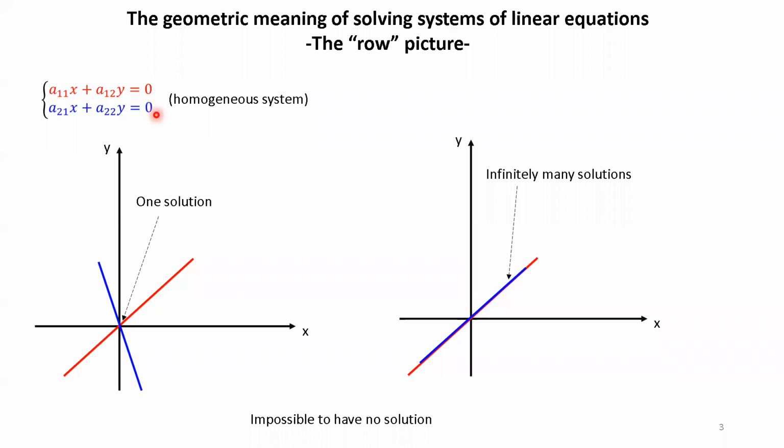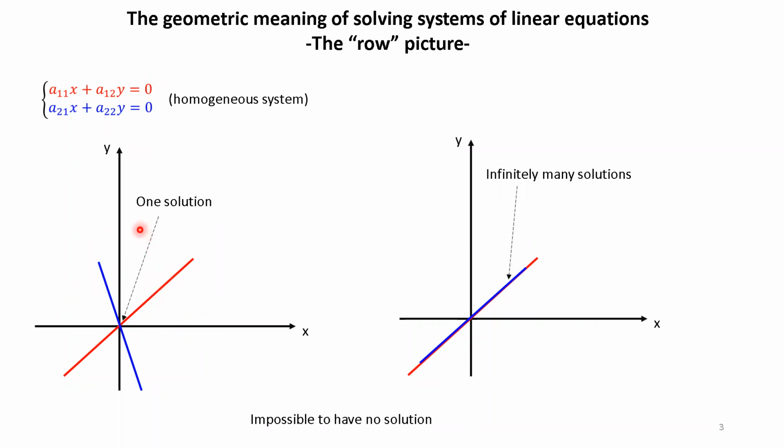Again, in this case, I will be able to draw two lines on the xy plane, but the most important difference between this case and the previous case is that whenever you draw your line, it doesn't matter what kind of slope you have, the line has to pass through the origin of the xy plane, because of the 0 on the right-hand side.